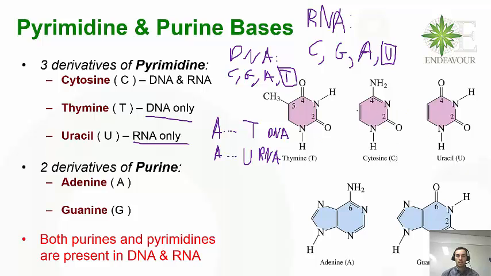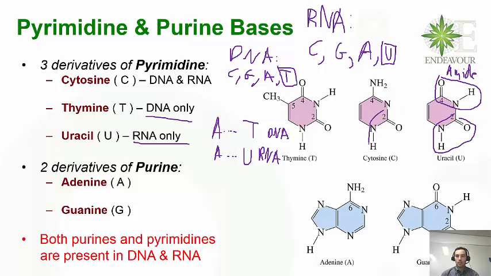So we can see that we've got a combination of amine and amide groups within these structures. So remember the carbonyl C double bond O with a nitrogen is actually what we call an amide. So we've got a couple of amides here in uracil.